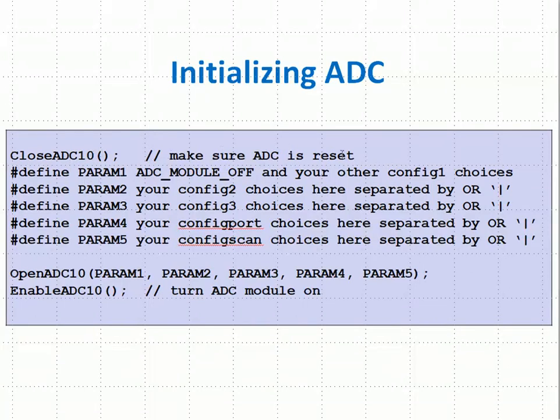Always before you run the ADC, the manual recommends that you close it and clear all the settings to the default settings, so that any choices you leave out aren't affected by any previous calls to the ADC. EnableADC turns the module on. So we're going to be talking about all these parameters.